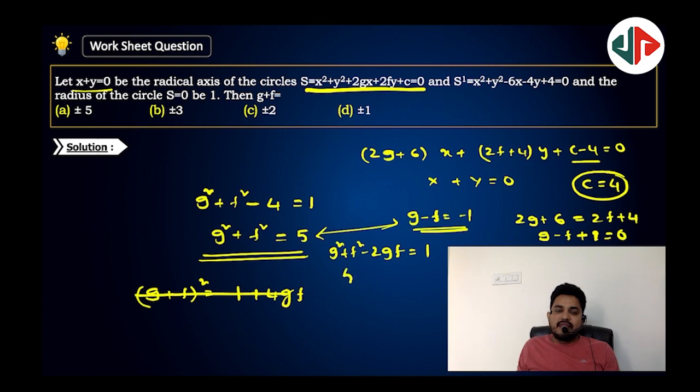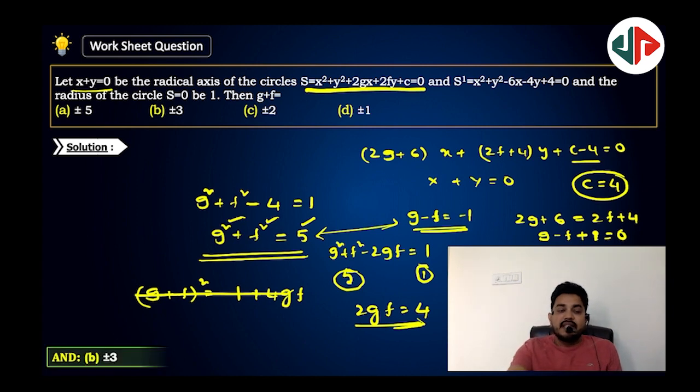This value is 5, this value is 1. So from here 2gf is equal to 4. G square plus f square is 5 plus 2gf is 4. G plus f whole square is equal to 5 plus 4, 9. So the answer is plus or minus 3. Plus or minus 3 is the answer.